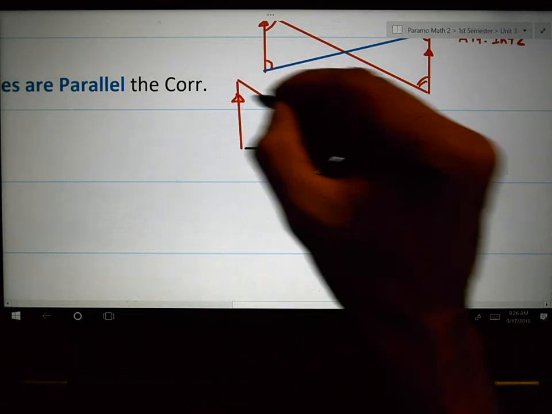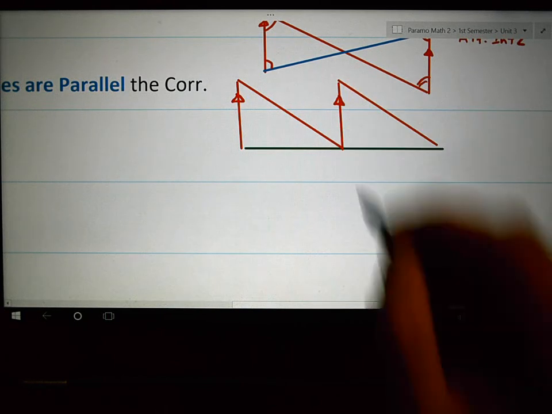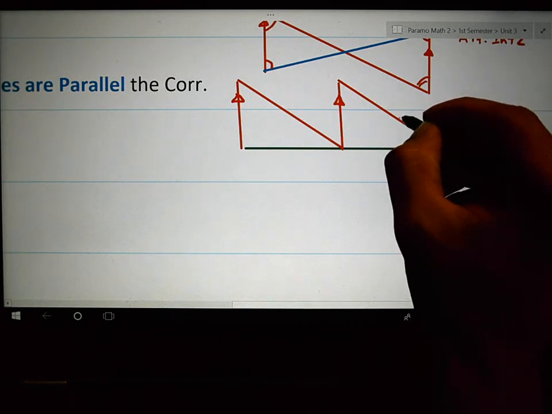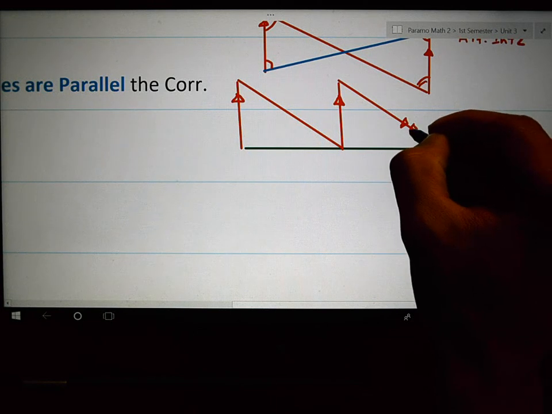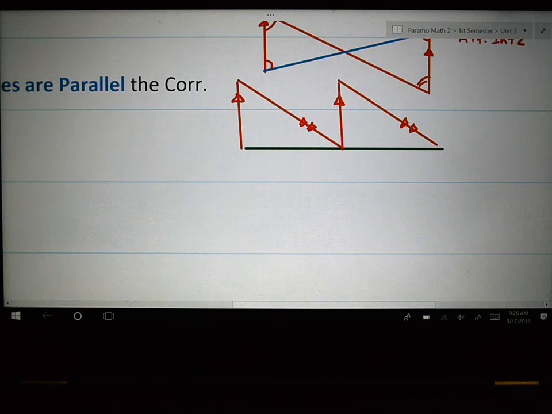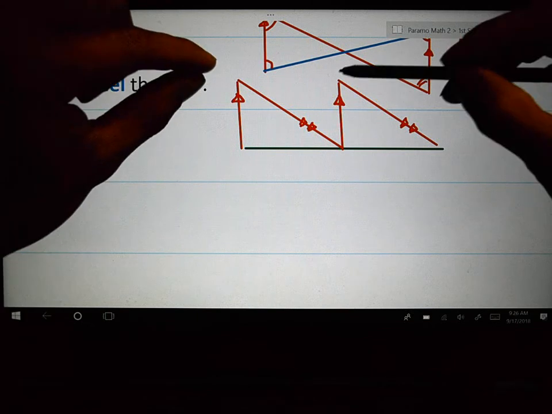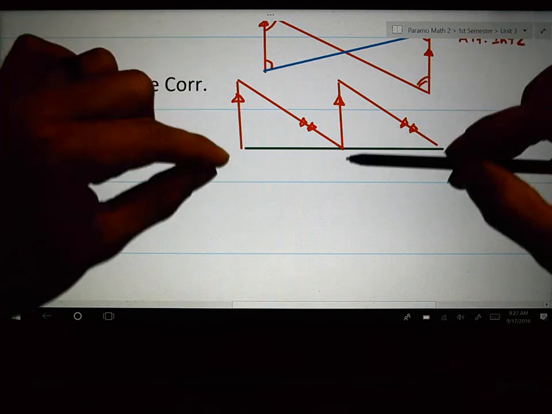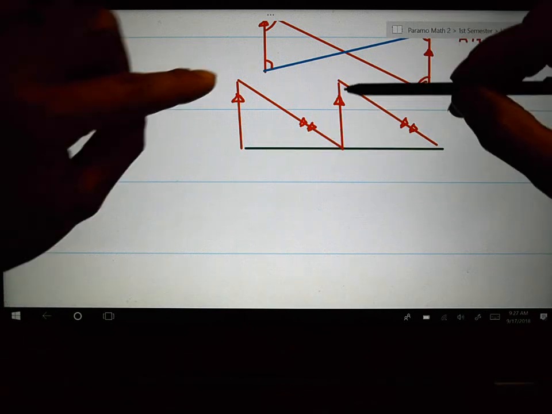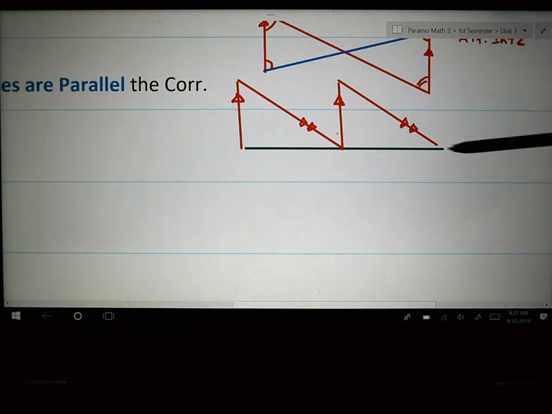If this is parallel to this, or if this is parallel to this, I'm going to do both because I've seen either one or the other or both on the worksheet. If these two are parallel to each other and there's a transversal that connects the two, here's the transversal, the corresponding angles are congruent.